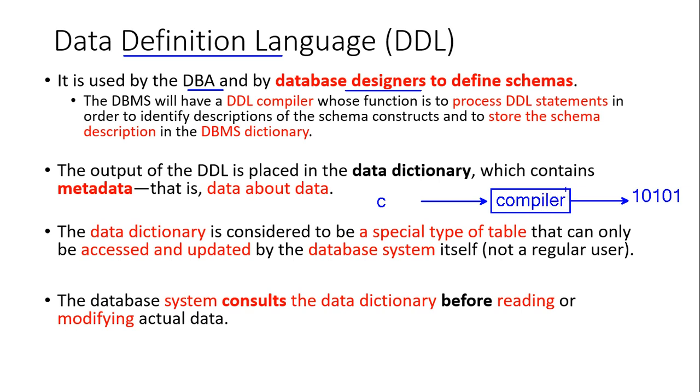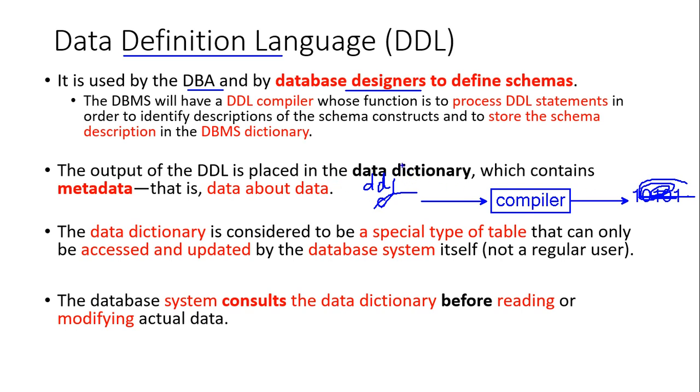In the same way, you are creating DDL, and there will be a DDL compiler that compiles it not into machine language, but into a form that is understood by the database.